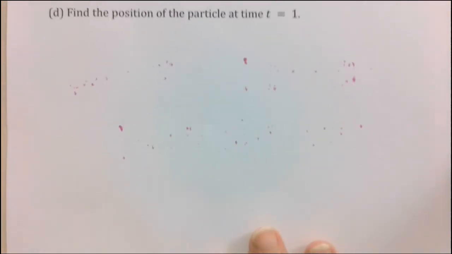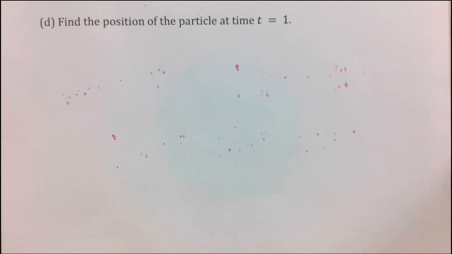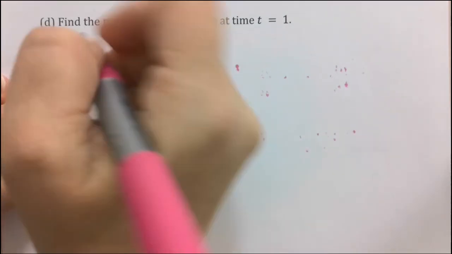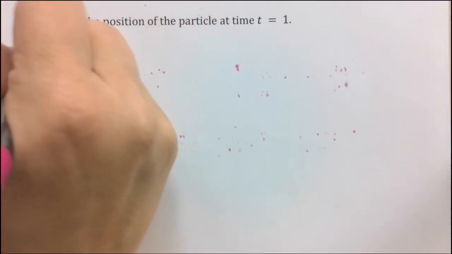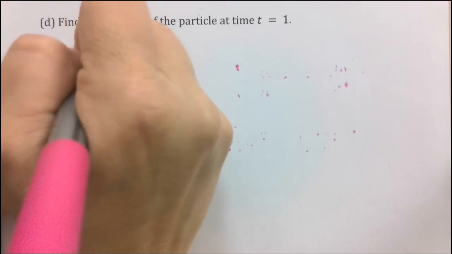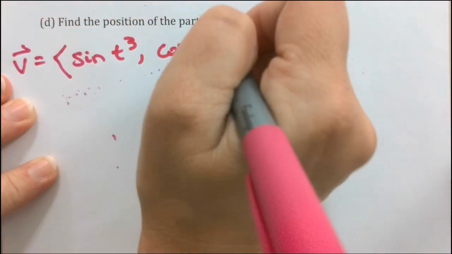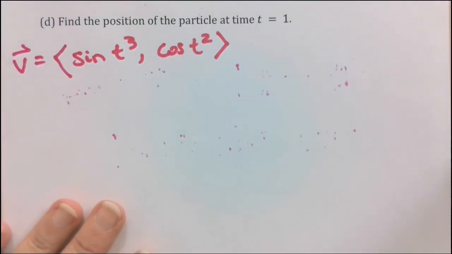All right, our final question here. Find the position of the particle at time t equals 1. So to find position from velocity, let me write our velocity vector here, and I'm going to get it right this time. Sine t cubed, cosine t squared. Okay, that's our velocity vector.